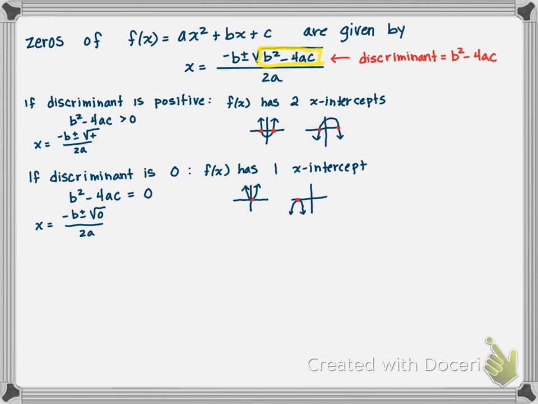It doesn't go through it, but remember, when we think intercept, we think of passing through something, but the x-intercept is really just any point that has a y value of 0. So when we bounce off the x-axis, we have one point with a y value of 0.